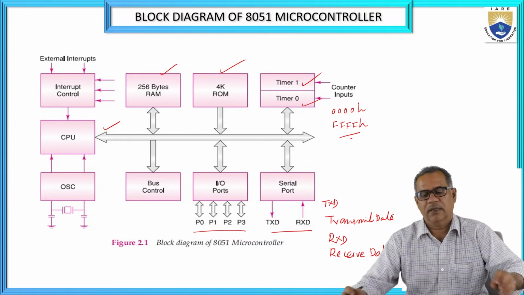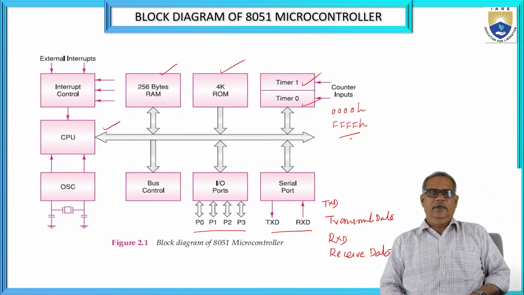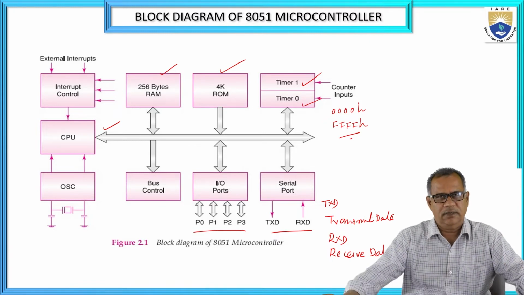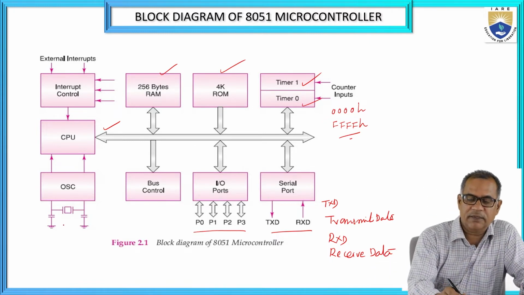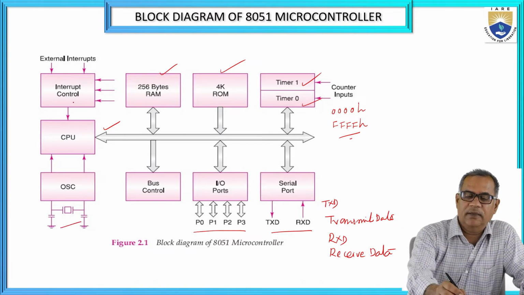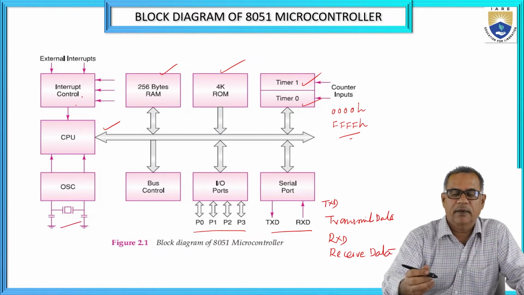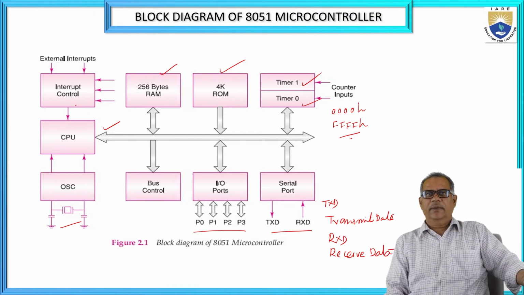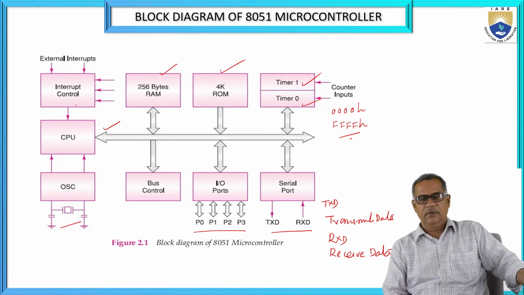These are the pins used for serial communication. We also have a built-in oscillator circuit; you only have to connect the crystal outside. And this is the interrupt control, with two external interrupts and three internal interrupts. This is the block diagram of the 8051 microcontroller.